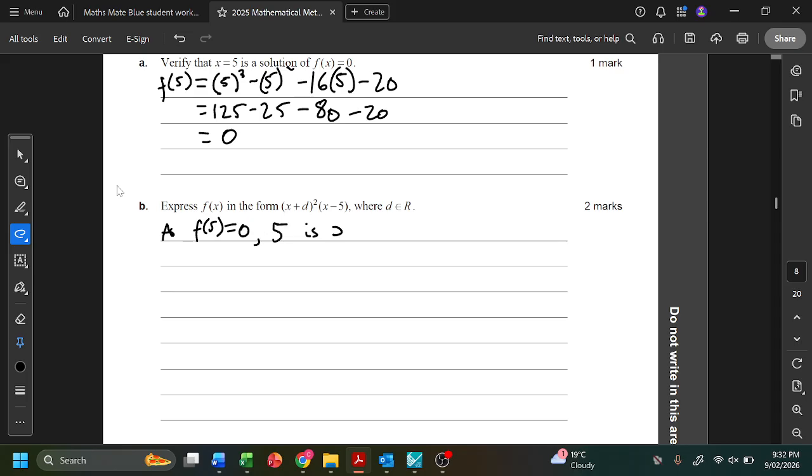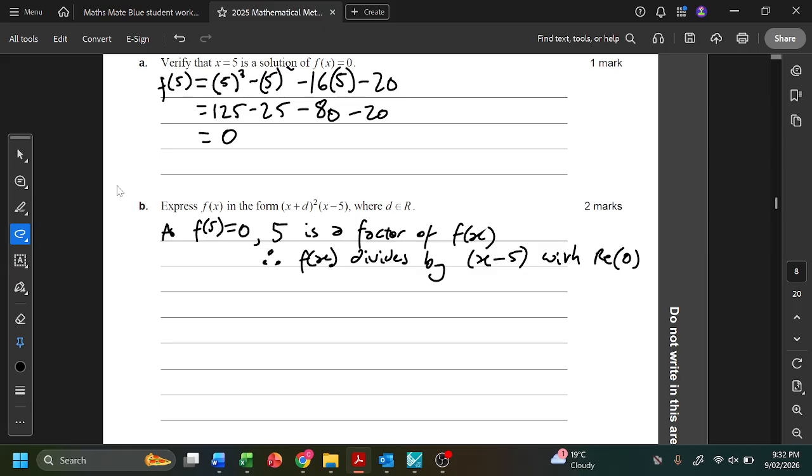So 5 is a factor of f of x. And also we can say that because 5 is a factor, therefore f of x divides by x minus 5 with remainder 0.